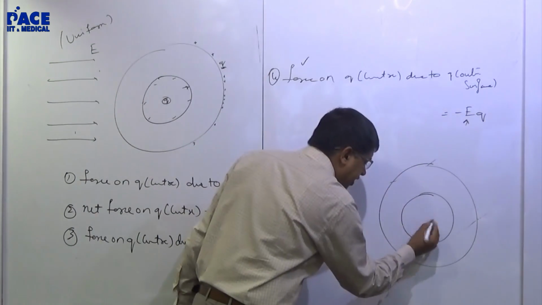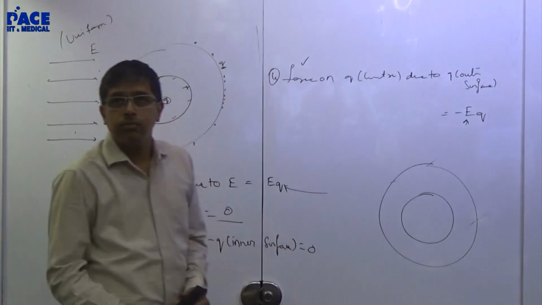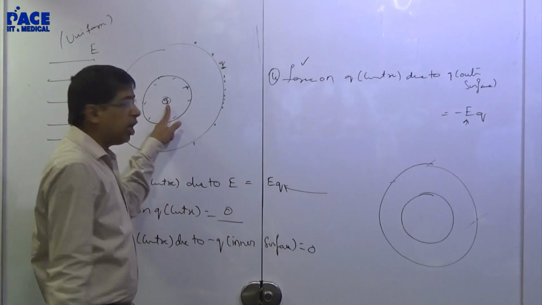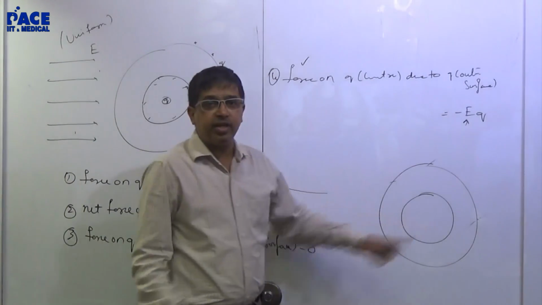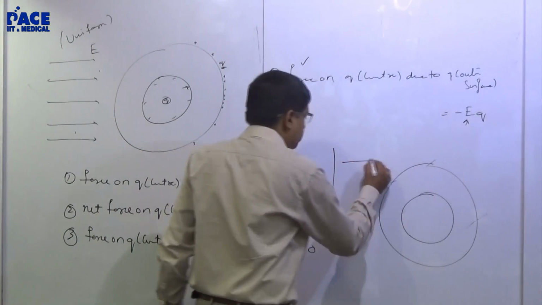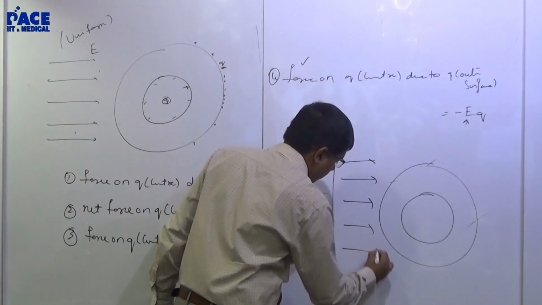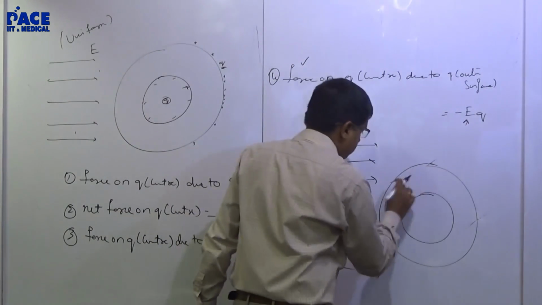Suppose I did not keep any Q inside. Your point is, what if this Q is 0? What if I did not place anything inside and I switched on the field this way? Am I close to your question?